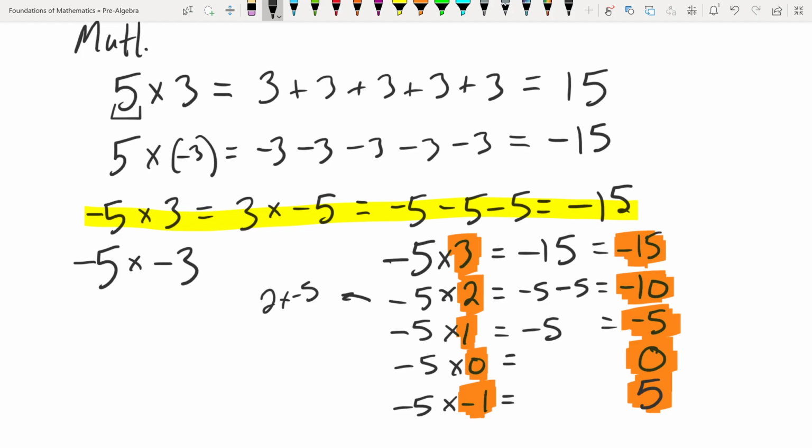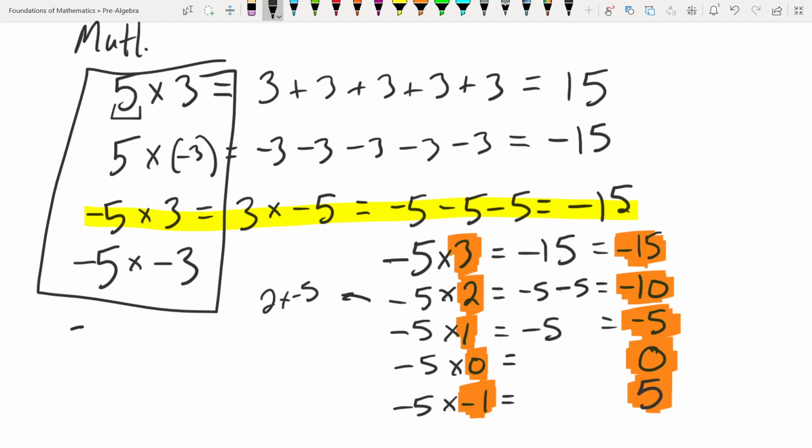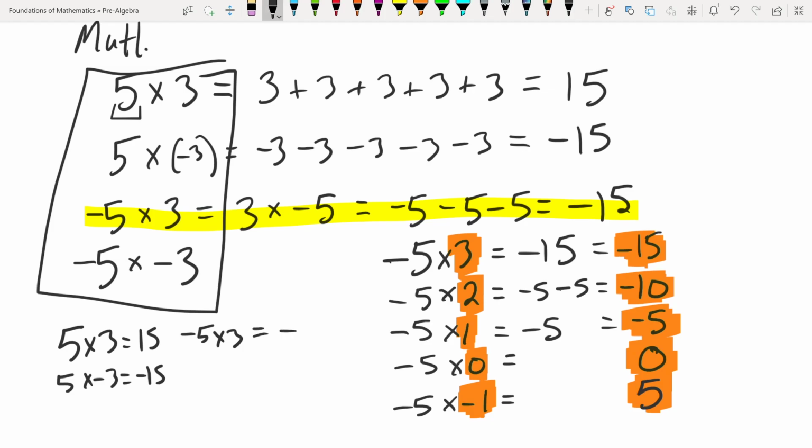So looking back at our original 4 things here, we have 5 times 3 equals 15, 5 times negative 3 equals negative 15, negative 5 times 3 equals negative 15, and negative 5 times negative 3 equals positive 15.